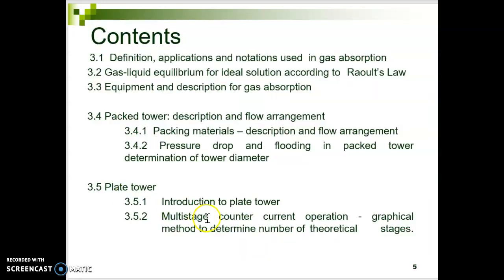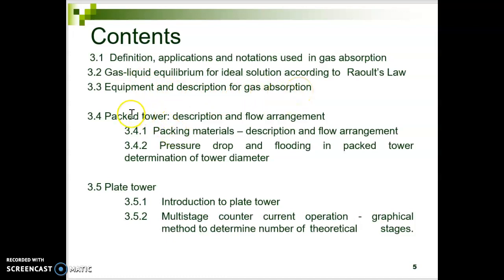So the topics for this chapter will cover the definitions, applications, and notation used in the gas absorption process. And then the gas-liquid equilibrium for ideal solutions according to Raoult's law, since now we will involve two different phases, gas and liquid. And then we will see the equipment and descriptions for the gas absorption column.